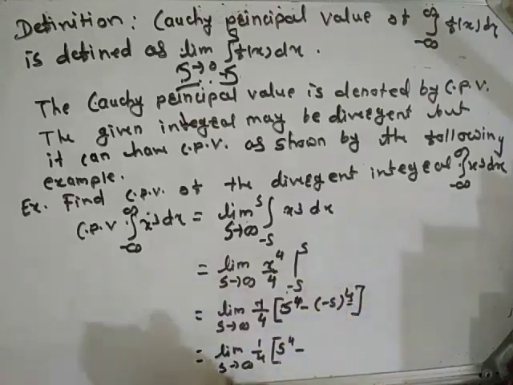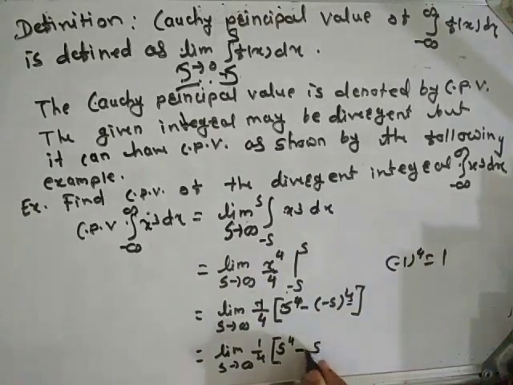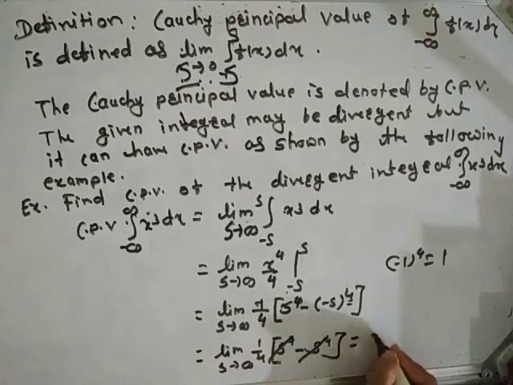This 4 is even. We know that minus 1 raised to 4 is 1. That's why this is s raised to 4. So this will become 0. So this limit we will get 0. So CPV of this integral is 0. But actually this integral is divergent.